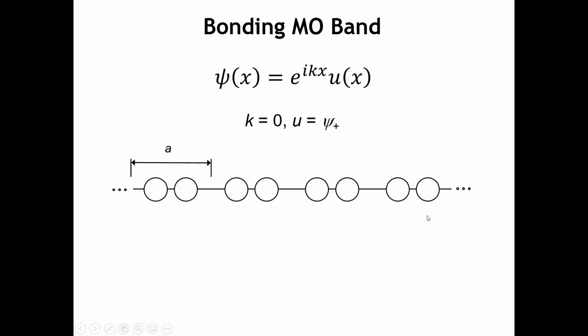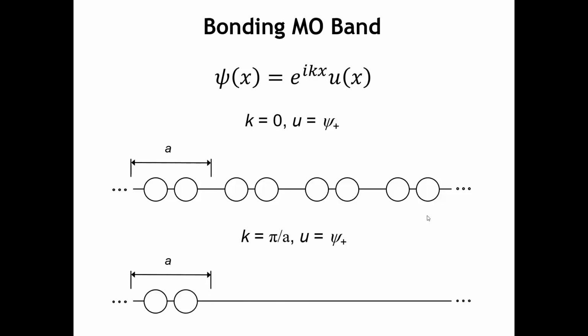Now what happens when we go to the edge of the first Brillouin zone if we pick a k value of pi over a? Once again, we're going to start with the same basis in the first unit cell, but because the k is different, that means that the phases of the orbitals are going to be different from one unit cell to the next.